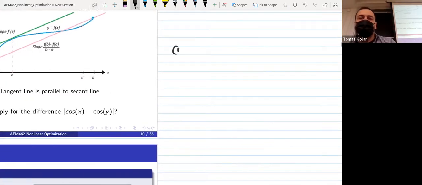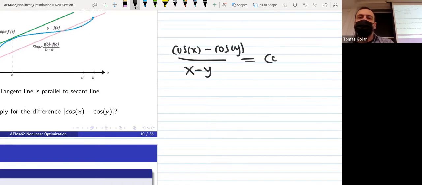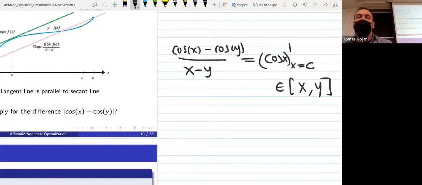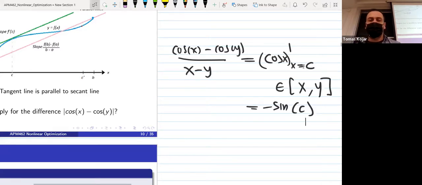So again, we have (cosine of x minus cosine of y) over (x minus y) is equal to cosine prime evaluated at x equal c for some c in (x, y). Okay. What is the derivative of cosine? Minus sine. So this is minus sine of c. Okay. So here's a nice result.